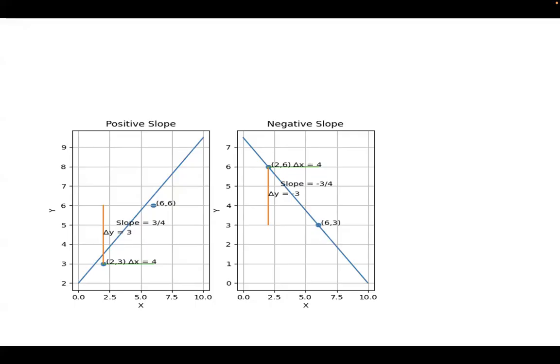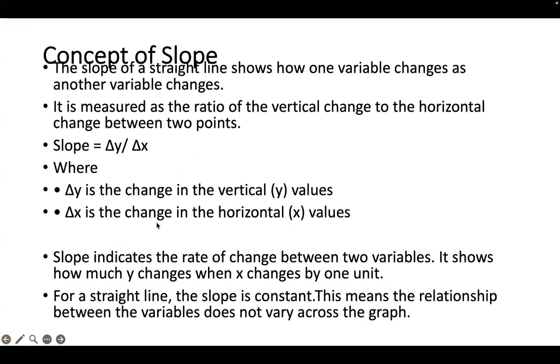Sir, please, can you go over the positive slope again? I'm saying that slope deals with a straight line where one variable changes as another variable also changes.